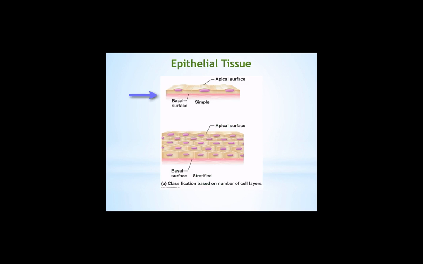So this is showing the basic structure of epithelial tissue. At the top we've got a simple structure made up of a single layer of cells with an apical surface, which is the one that's opening to an outside area, and then a basal surface which is connected to the underlying tissues, and in there is usually a basement membrane.